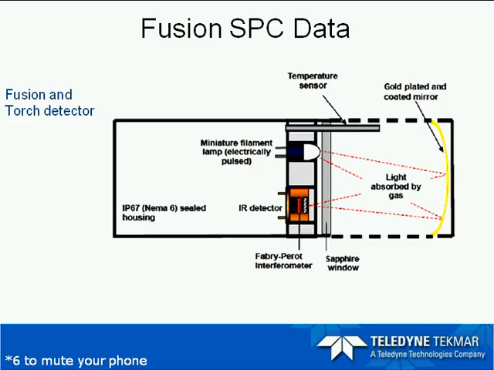You have something brand new, which is the Tekmar interferometer. That is the micro machine. And then, of course, you have the IR detector directly behind the FPI. I apologize, you also have a temperature sensor inside the detector on some models.